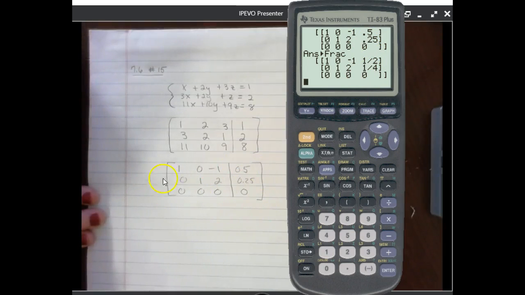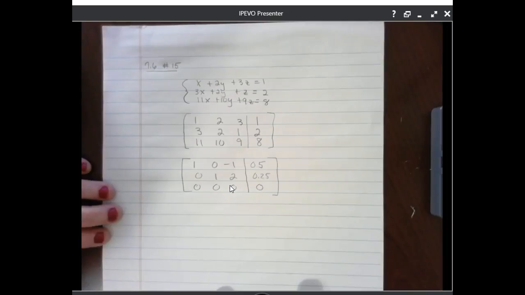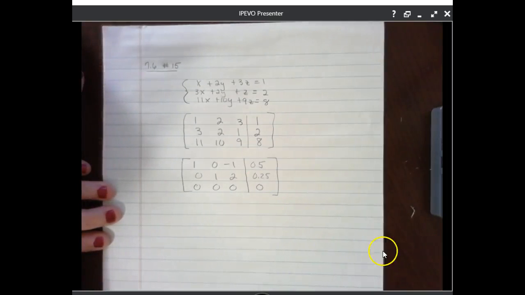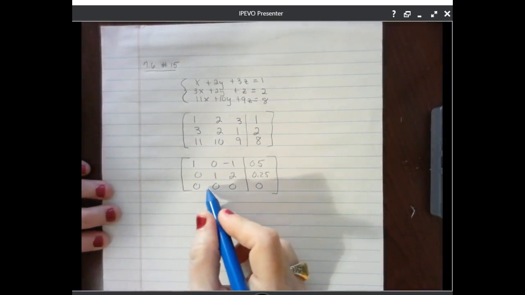This is what we really need to look at as far as what our answer is going to be. So I'm going to move my calculator out of the way for right now, and let's see what we have. Remember, these were my x's, these were my y's, these are my z's, and these are my constants. This last row is what I'm looking at right here: 0 equals 0. And that's true.